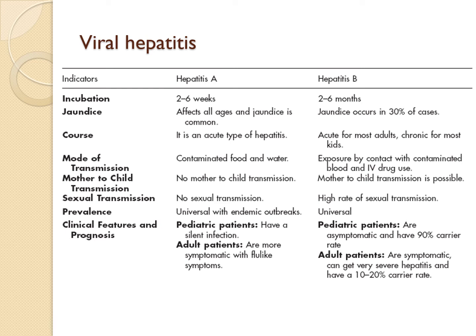Hepatitis B virus contains antigens like HBsAg, hepatitis core antigen, and hepatitis B e antigen, proteins circulating in the blood. Transmission is mostly by the parenteral route: contaminated blood and IV drug use. Mother to child transmission is possible, and sexual transmission is high.